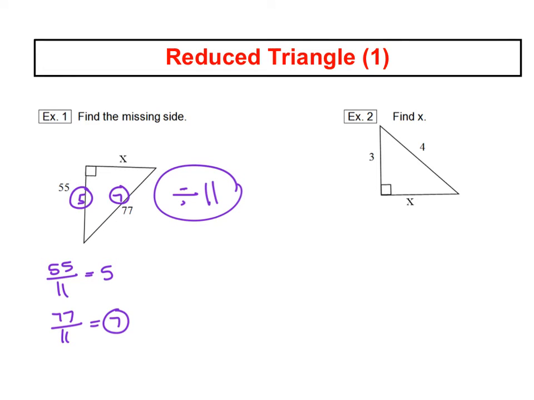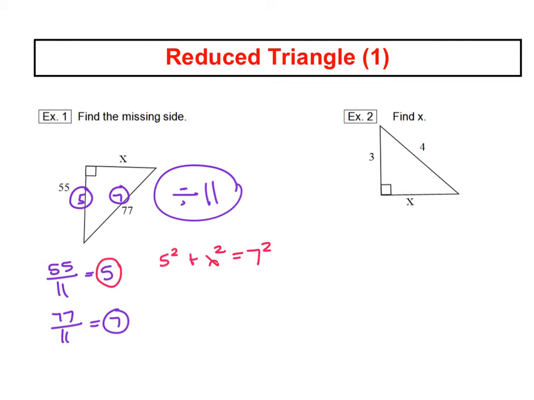And because we don't, we're going to go ahead and use the Pythagorean theorem. But we're going to use the Pythagorean theorem with our reduced easier sides. So 5 squared plus, now make sure you take note on this, 7 is actually the hypotenuse. So that's going to go on the other side of the equal sign. So 5 squared plus x squared equals 7 squared.